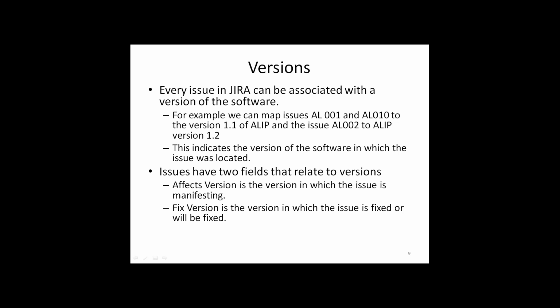Affect version is the version in which the issue is manifesting, and fixed version is the version in which the issue is fixed or will be fixed. Affect version means that version has been affected by the issue, so the issue has been found in that version. And fixed version is the next or upcoming version in which the issue will be fixed. That's all about JIRA.